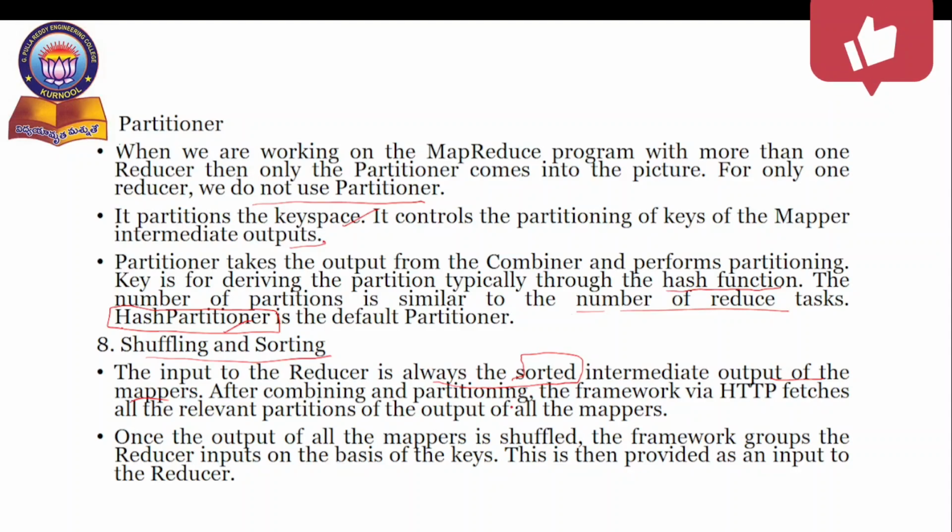After combining and partitioning, the framework via HTTP fetches all the relevant partitions of the output of all the mappers. Once the output of all the mappers is shuffled, the framework groups the reducer inputs on the basis of the keys. So based on the input keys, it sorts the data. This is then provided as input to the reducer. Right.